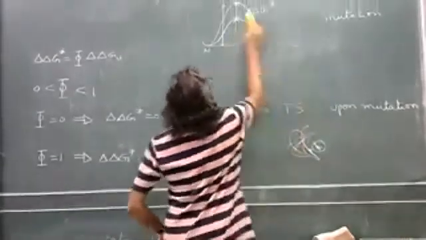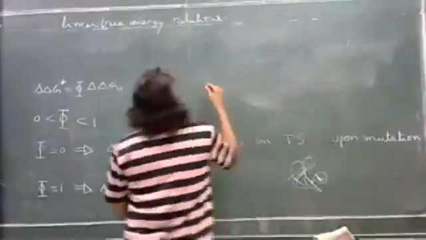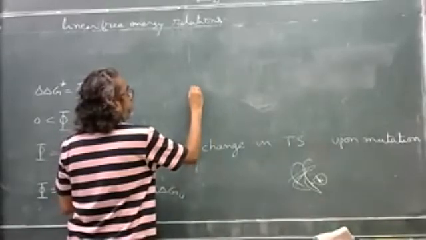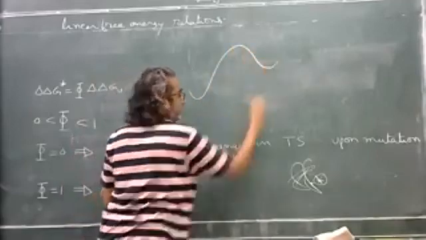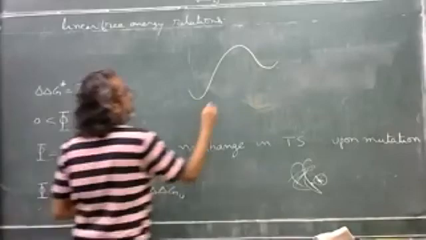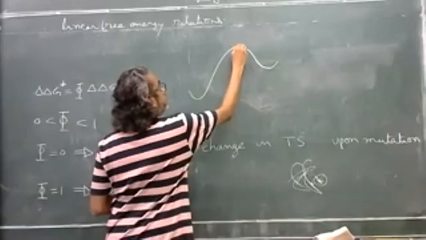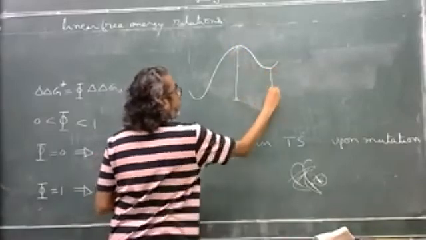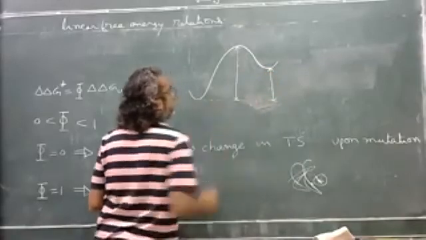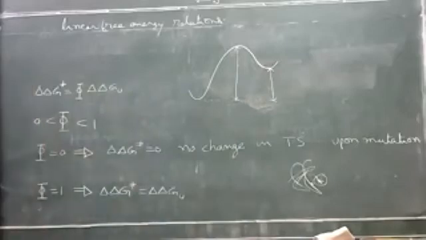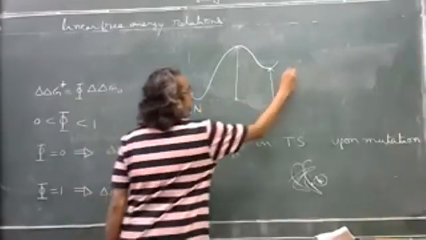Let me write again. Now this is important: we are looking at only differences. Let me write a larger one. Here the barrier height is this, and this is the free energy difference. Now let's say I make a mutation, and I'm looking with respect to N only.